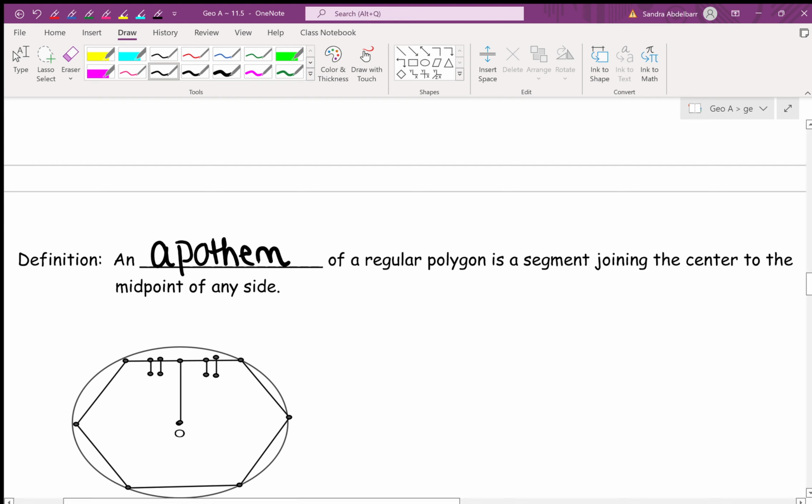But we had learned something, right? Didn't we learn way back when we were dealing with circles? If a segment coming from the center bisects a chord, what else is it in relation to the chord? Excellent, Taya. It's also perpendicular. So not only will the apothem bisect the chord, it will also be perpendicular to it.